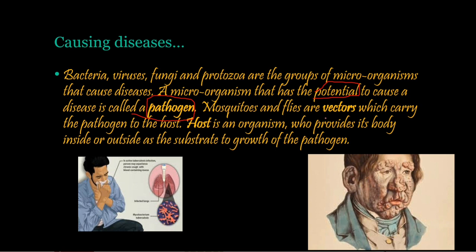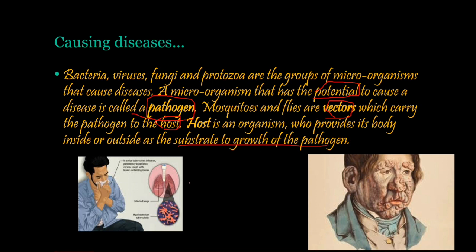Mosquitoes and flies are vectors. Vectors means the ones who carry disease. It means spread diseases. Mosquitoes and flies are vectors which carry the pathogen to the host. Host means the one who bears this disease. And host is an organism who provides its body inside or outside as substrate for growth of the pathogen.